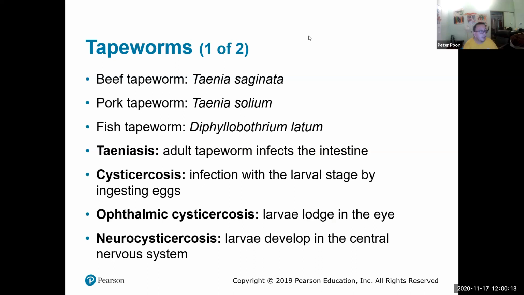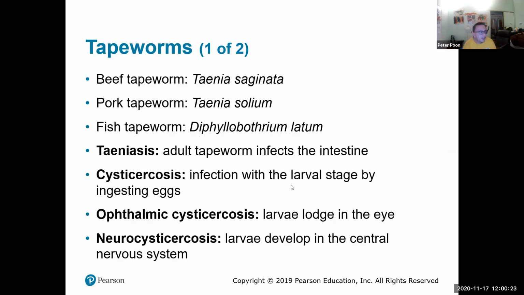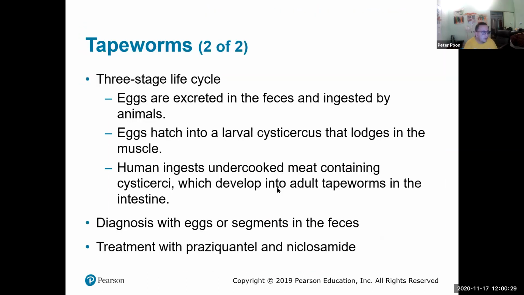Tapeworms. So there's a tapeworm. Tapeworm life cycle: the tapeworm is basically a head and a reproductive system.